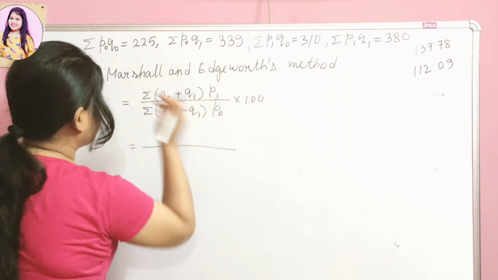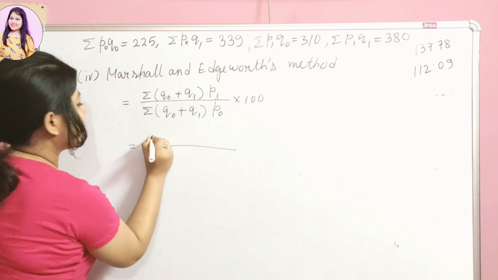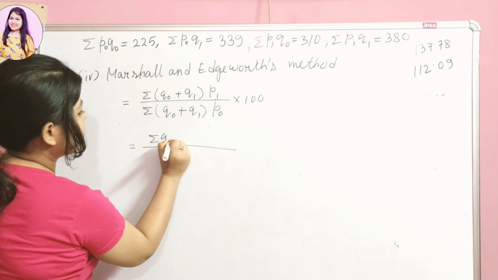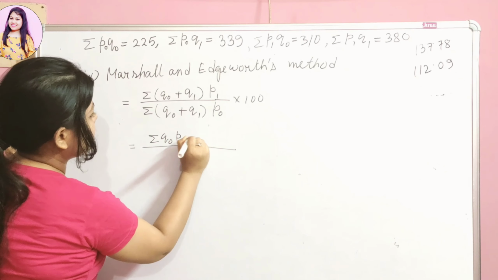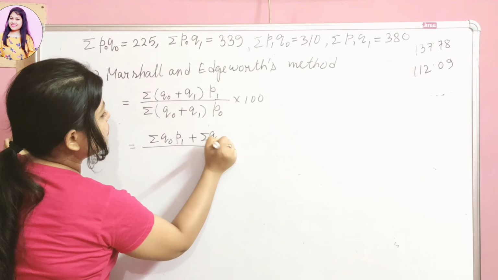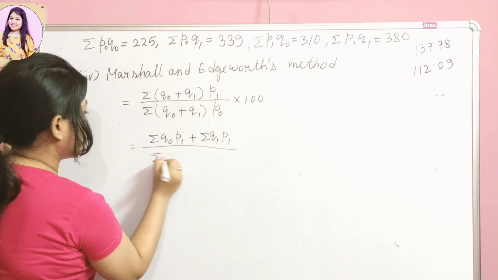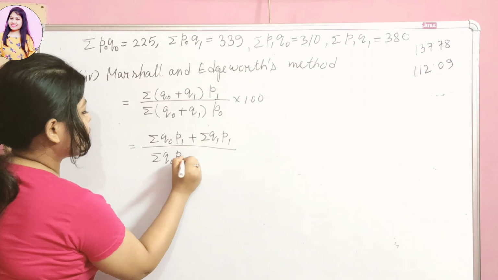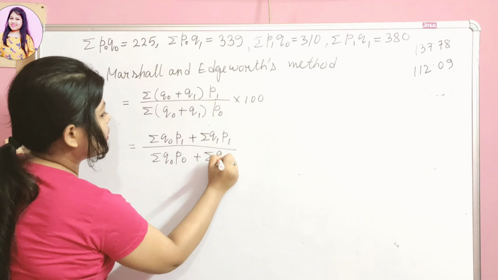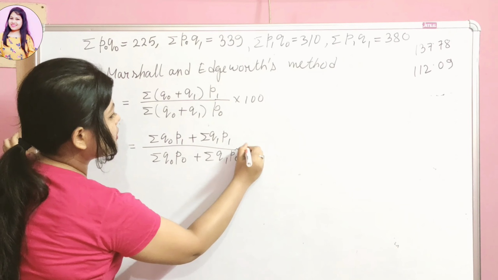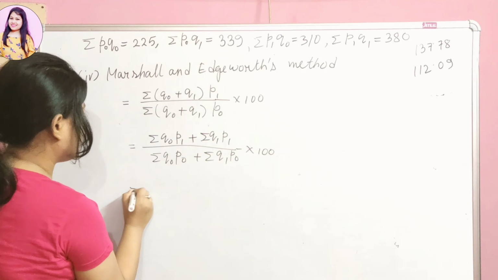For further simplification, we can write summation of Q naught P1 plus summation of Q1 P1, divided by summation of Q naught P naught plus summation of Q1 P naught, into 100.